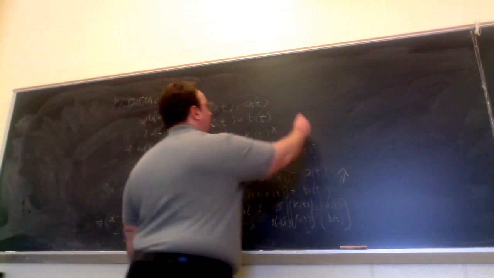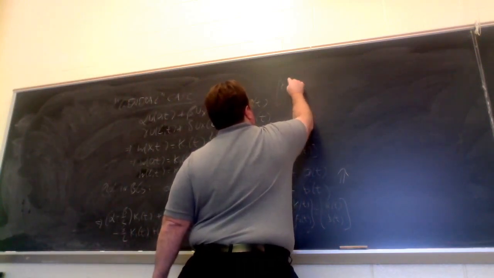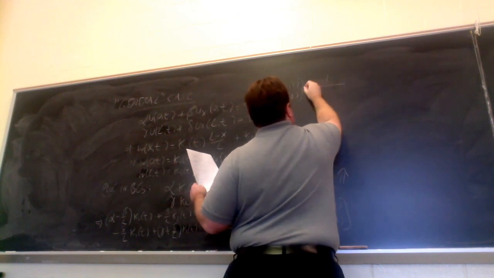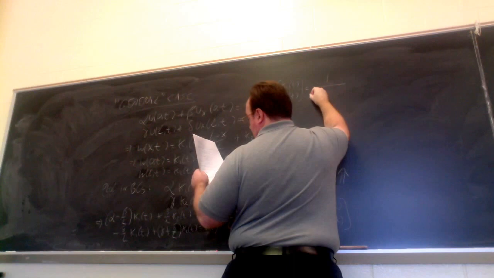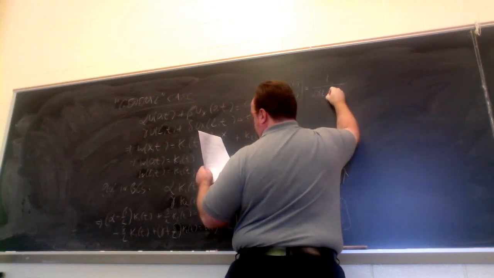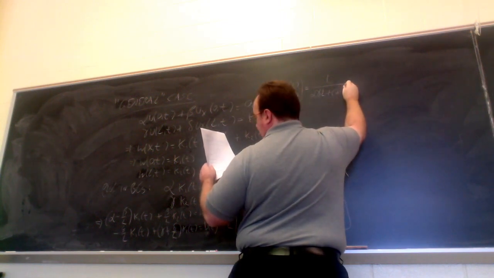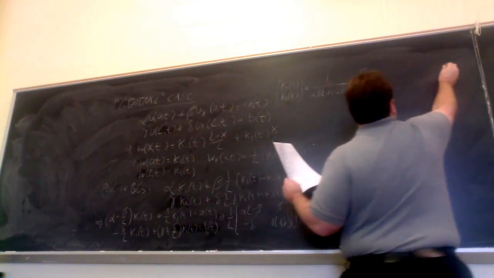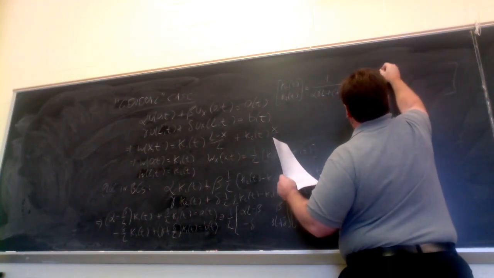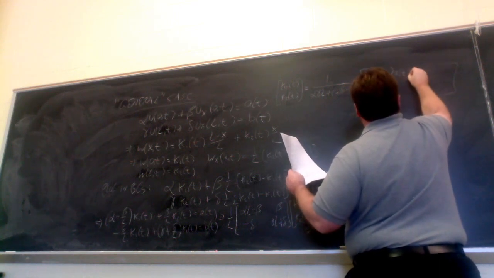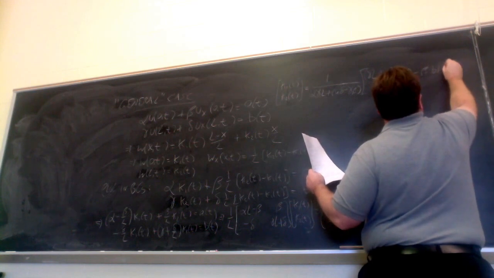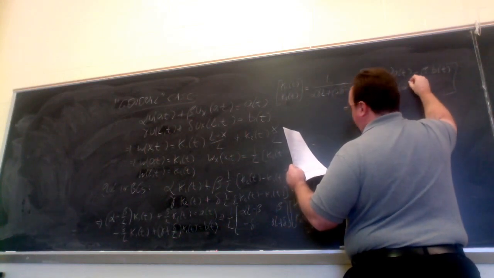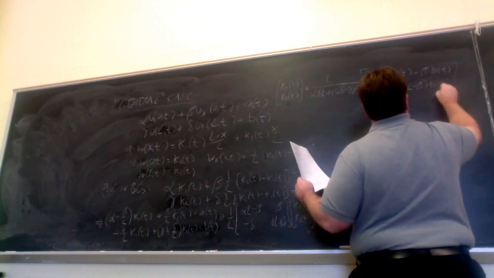So what we get is k1, k2 is equal to 1 over the determinant, which is alpha gamma L plus alpha delta minus gamma beta, and then I have gamma L plus delta times a of t minus beta times b of t up top, and then for k2 I have delta a of t plus alpha L minus beta times b of t.